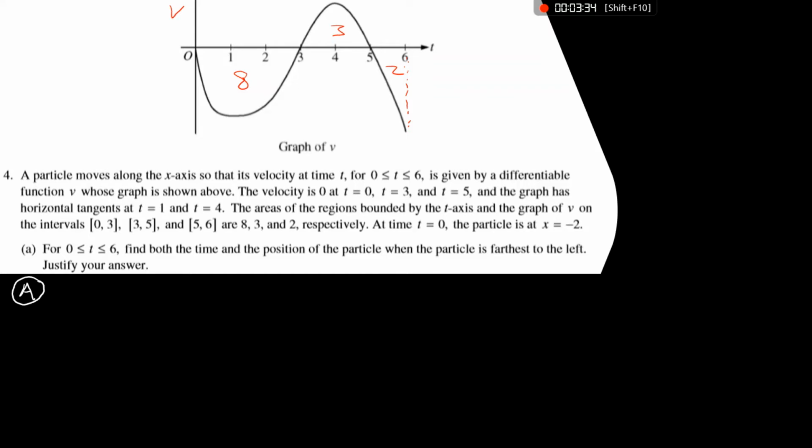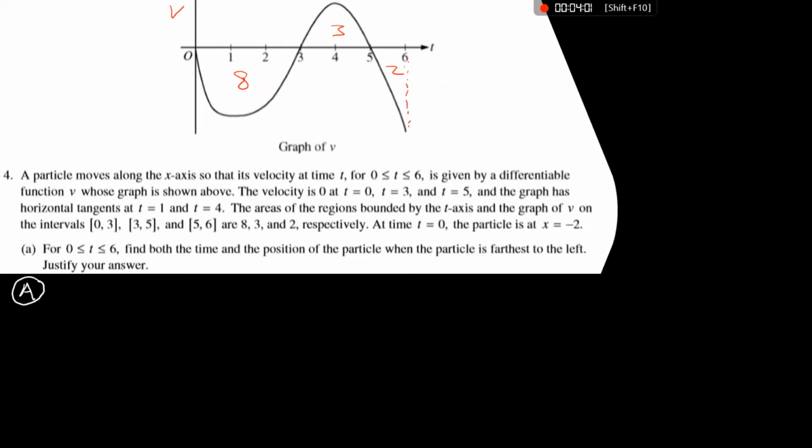So our velocity can help us understand which direction we're going. Our velocity from 0 to 3 is negative, from 3 to 5 is positive, and from 5 to 6 is negative again.